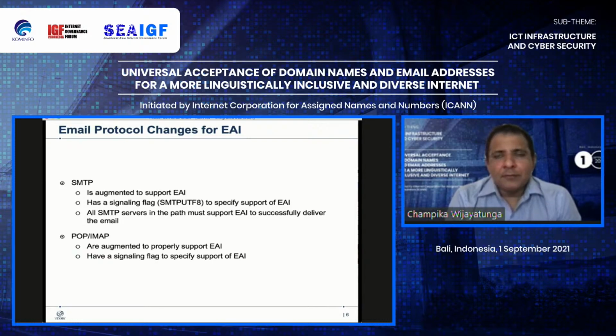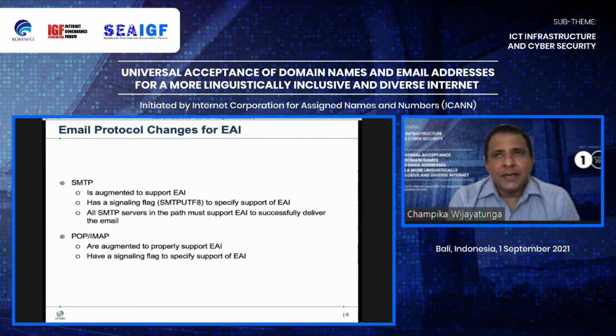For example, when the mail goes from one server to another server, we have a protocol called SMTP, or Simple Mail Transfer Protocol. And then when the mail goes from a delivery system to a client, we use other protocols like POP or IMAP. So these are different protocols included in a mail delivery system.